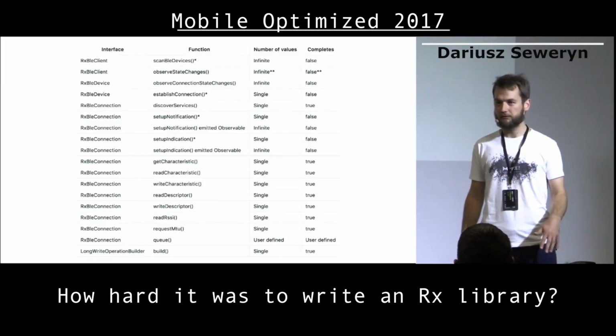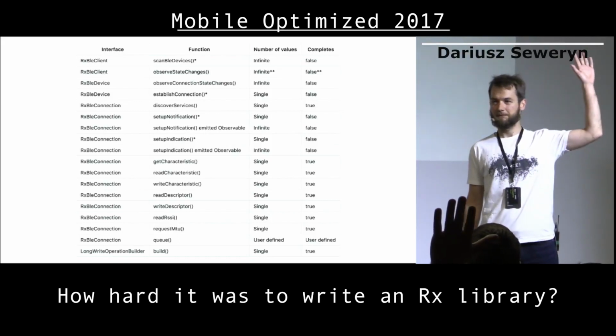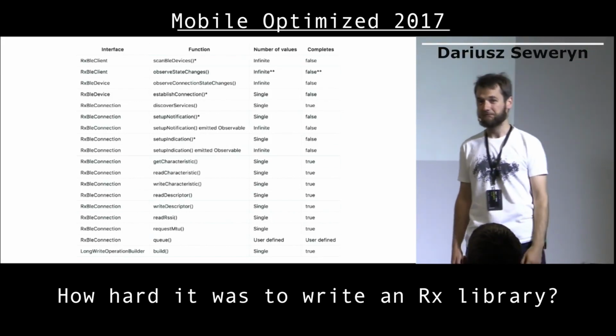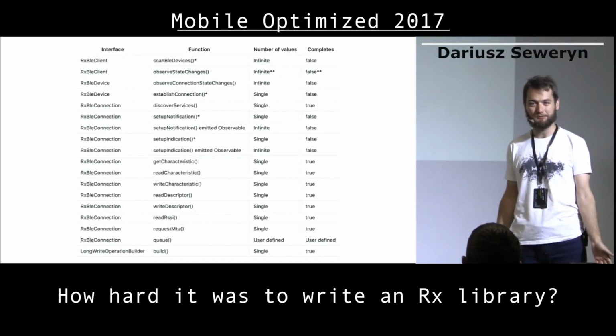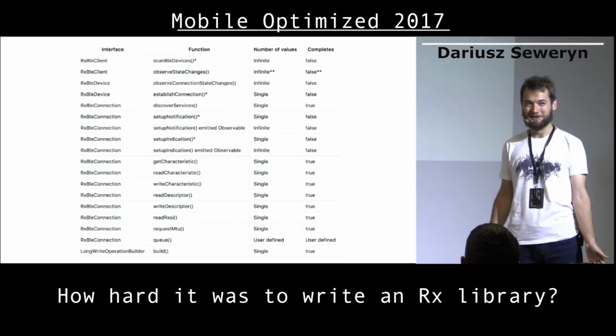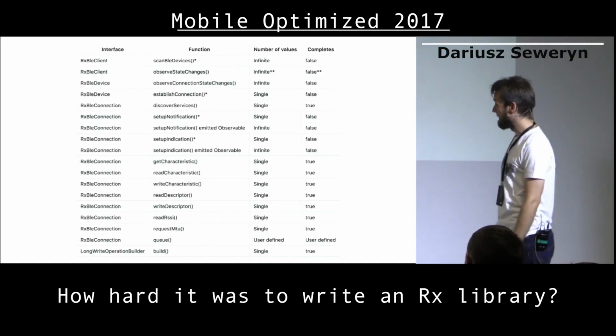How many of you tried a new library strictly by looking at the API? Okay, I think the rest of you first look at the specification or the documentation of the library. All right, that's what I thought.